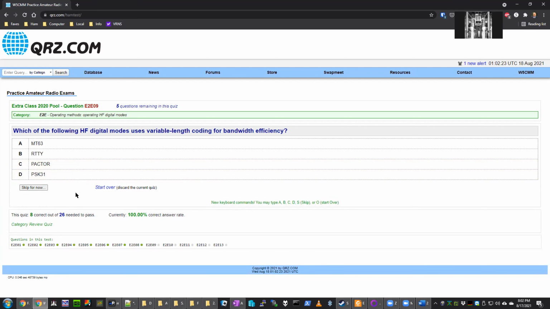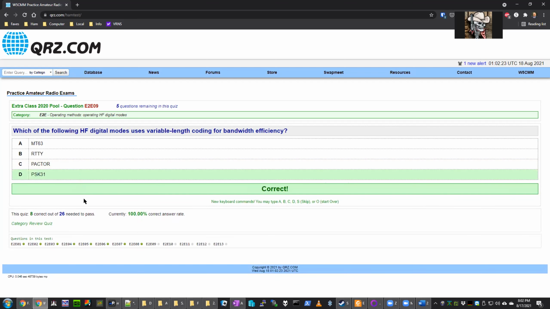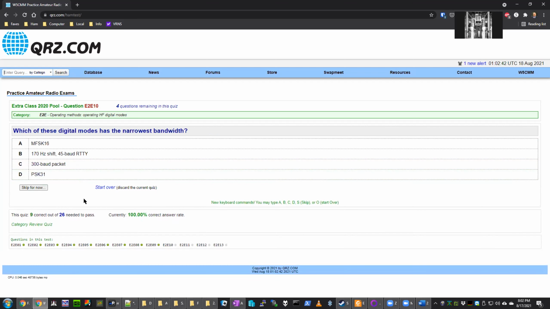Which of the following HF digital modes uses variable length coding for bandwidth efficiency? D. Yeah, D, PSK 31. Which of these digital modes has the narrowest bandwidth?